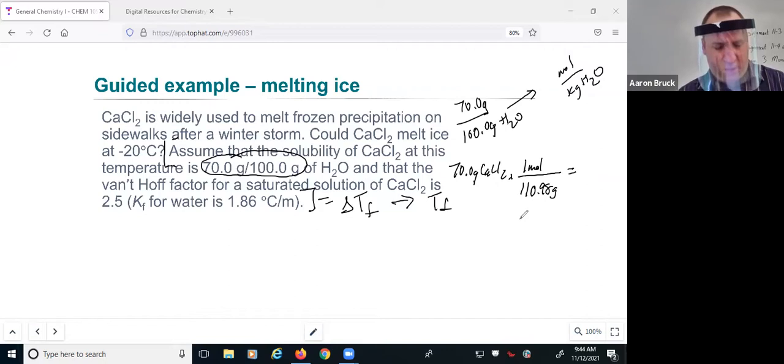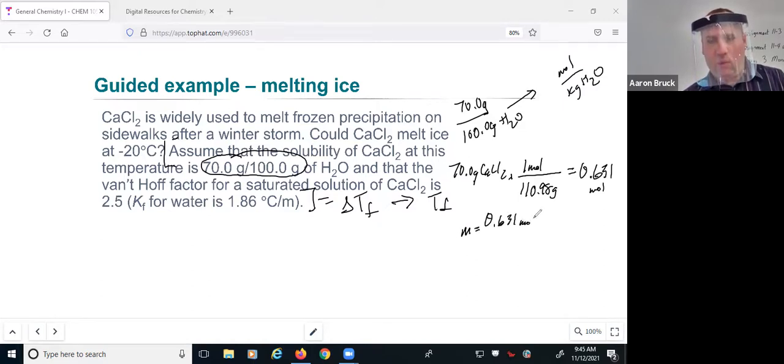70 divided by 110.98 is equal to 0.631. That's how many moles of calcium chloride I have. So molality is 0.631 moles over 100 grams, which is 0.1 kilograms.